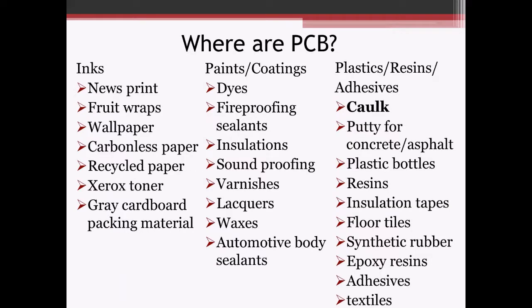Where are PCBs? Well, here's a long list of different materials where they've determined PCBs have been, and I'm sure there's a longer list where they are that we just haven't determined yet. And you might see some things that might jump out and surprise you, but inks, newsprints, fruit wraps, wallpaper, carbonless paper, things like that, Xerox toner.